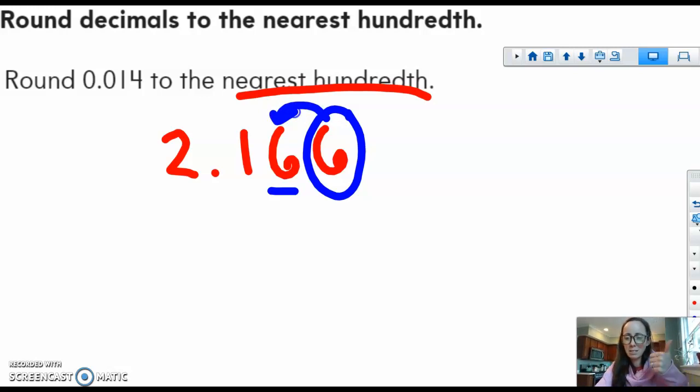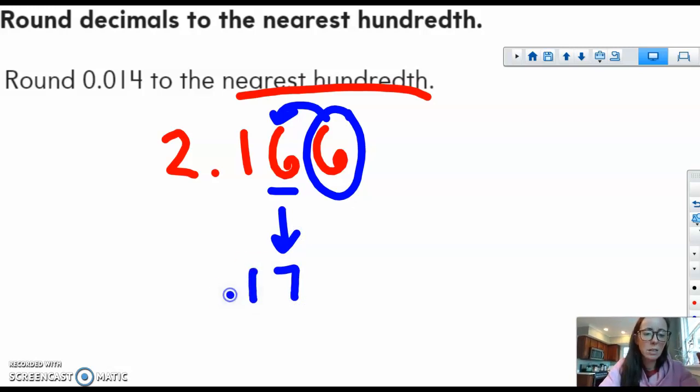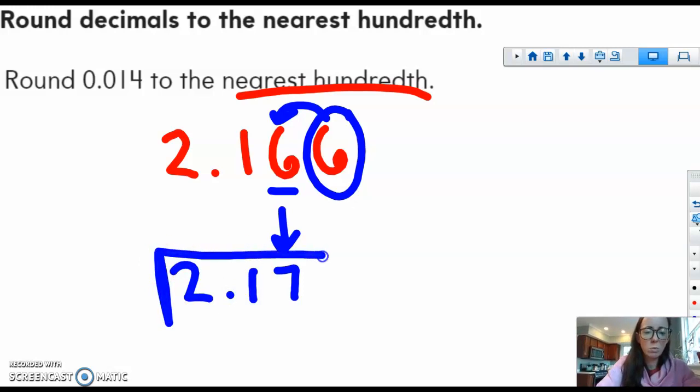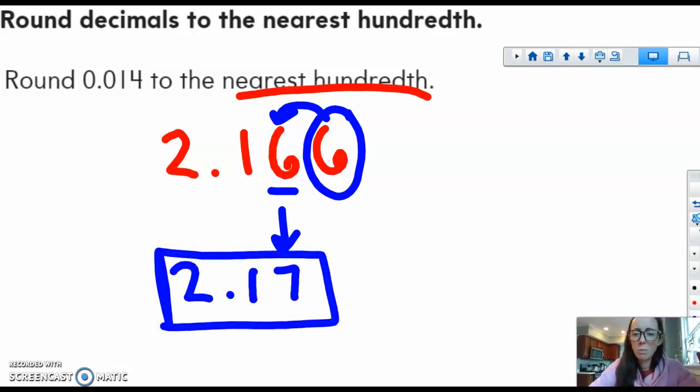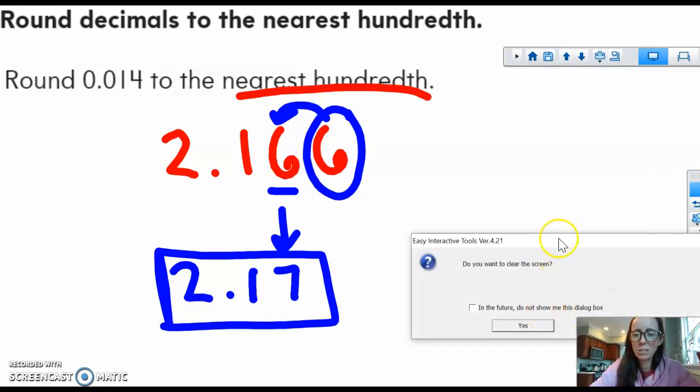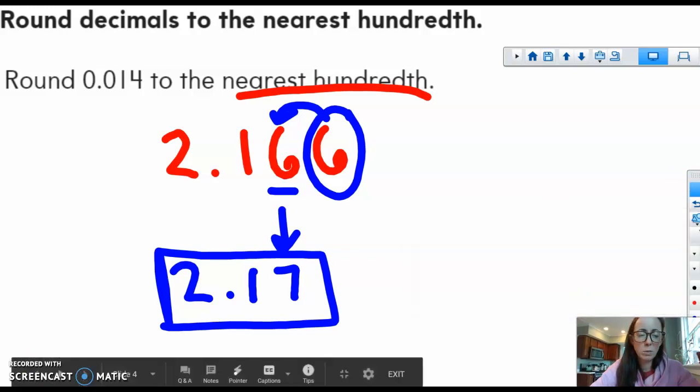Because it's a 6, it's going to tell me to round that digit up to, instead of 6/100ths, 7/100ths. So this is going to change from a 6 to a 7. Everything to the left, so my tenths place and my ones place, stays the same. So my answer would be 2 and 17/100ths when I round this problem.